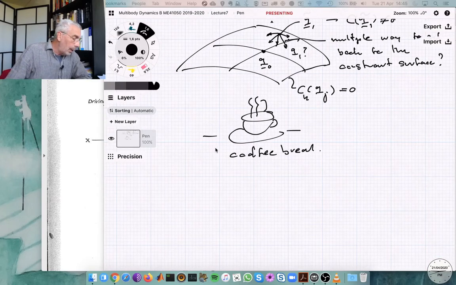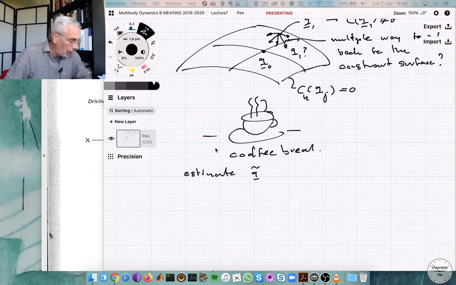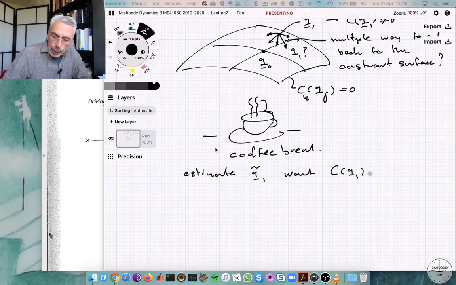Well, a naive way is to say, well, we have this estimate Q bar at moment 1, but we want the real solution, which we just will call Q1, to be on the surface. Now a naive way would be to say, well, it should be the shortest distance, right?